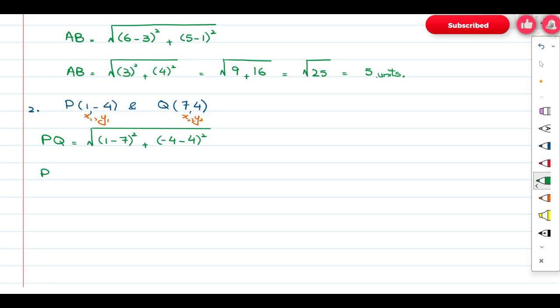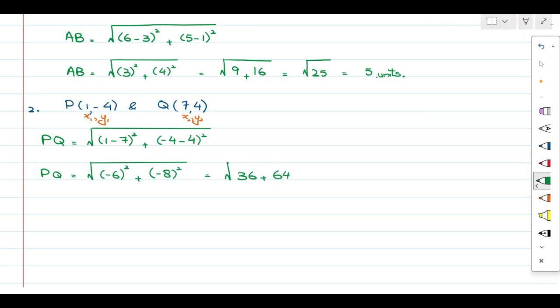Now the distance PQ would be from 1 take away 7 is negative 6, its square. Negative 4 minus 4 is minus 8, its square. Negative 6 square is 36, negative 8 square is 64.